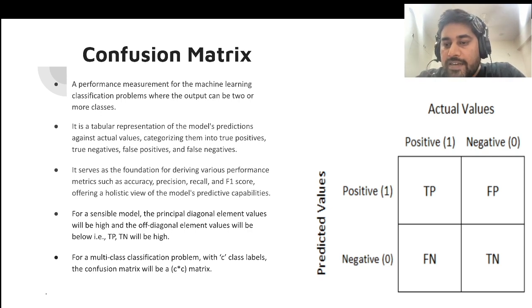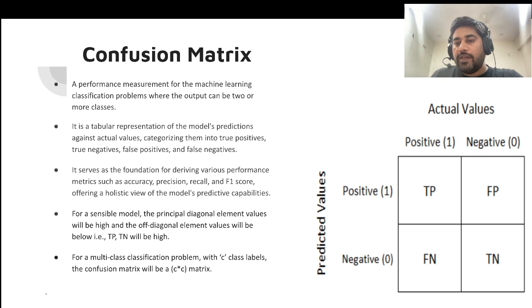So let's understand the meaning of TP, FP, FN, and TN. The horizontal side is the actual value, and the vertical side is the predicted value.